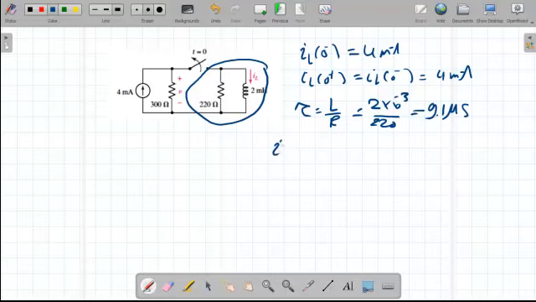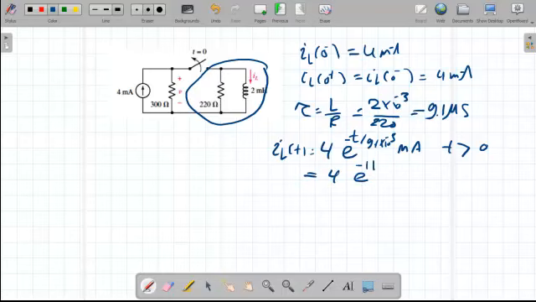So the final expression for IL of t will equal IL(0+), which is 4 exponential of minus t over tau, with tau 9.1 times 10 to the minus 3, of course in milliamp, which is valid for t greater than 0. Or for simplicity, I can say 4 e to the minus 100,000 t.